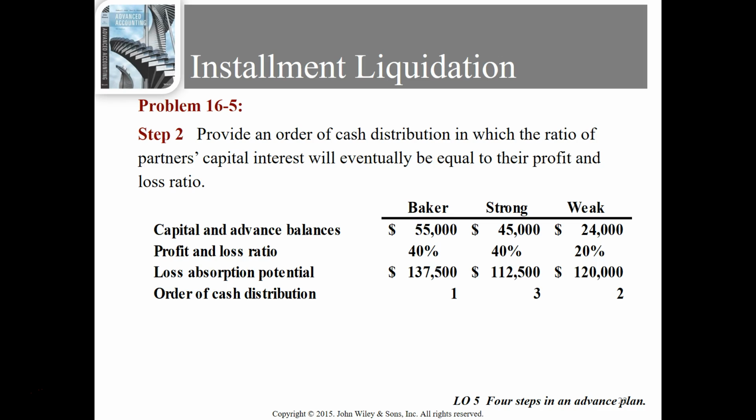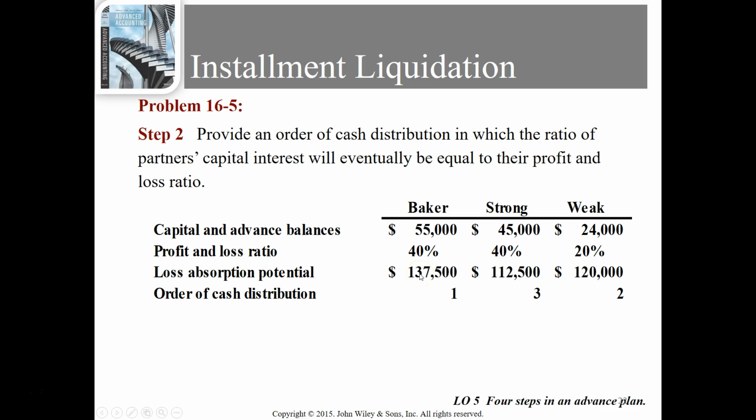Step 2, provide an order of cash distribution in which the ratio of partners' capital interest will eventually be equal to their profit and loss. Now, here's the key, folks. We're dividing it by their ratios.